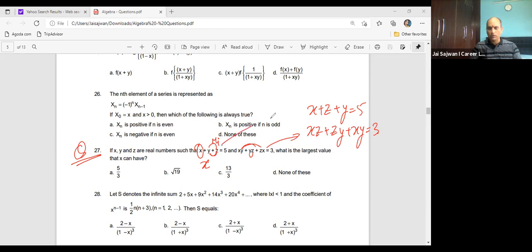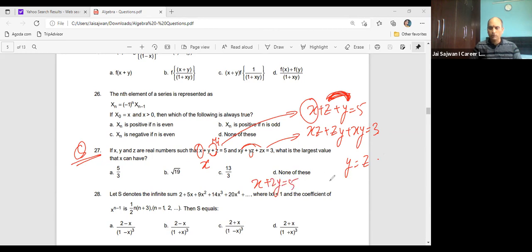Neither this equation nor this equation is going to change. Listen again, I want it maximum. I am only interchanging these two here. Fine. So you say yes, you can put y is equal to z.